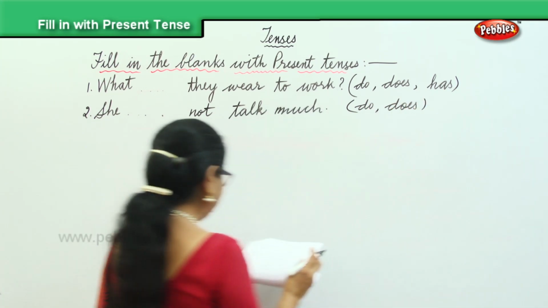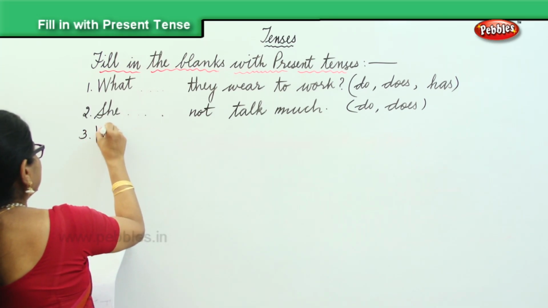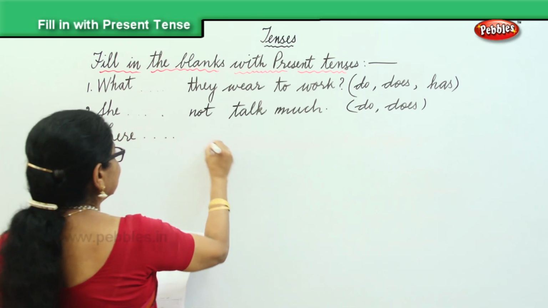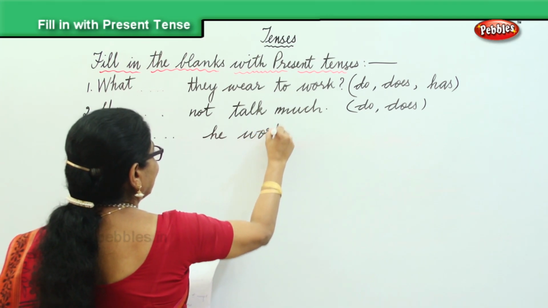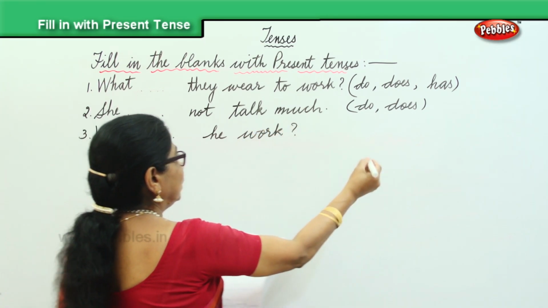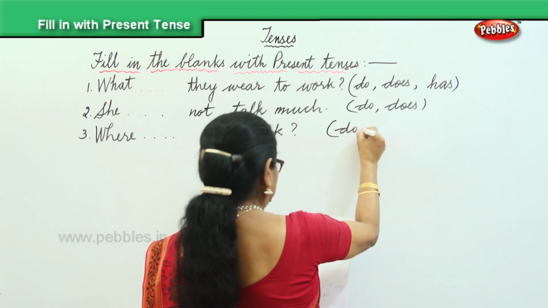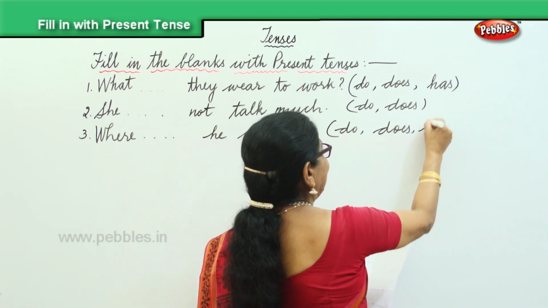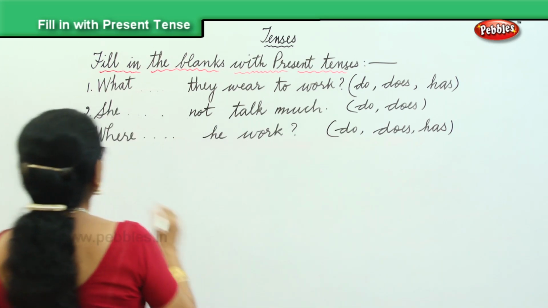You can choose from. And third one, where dash he work? And we have verbs to choose from: do, does, and has. Any of these you can choose.